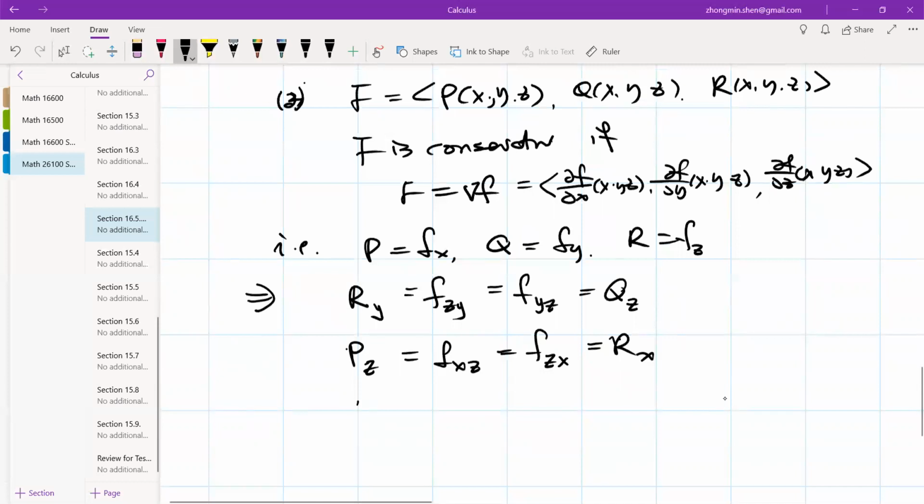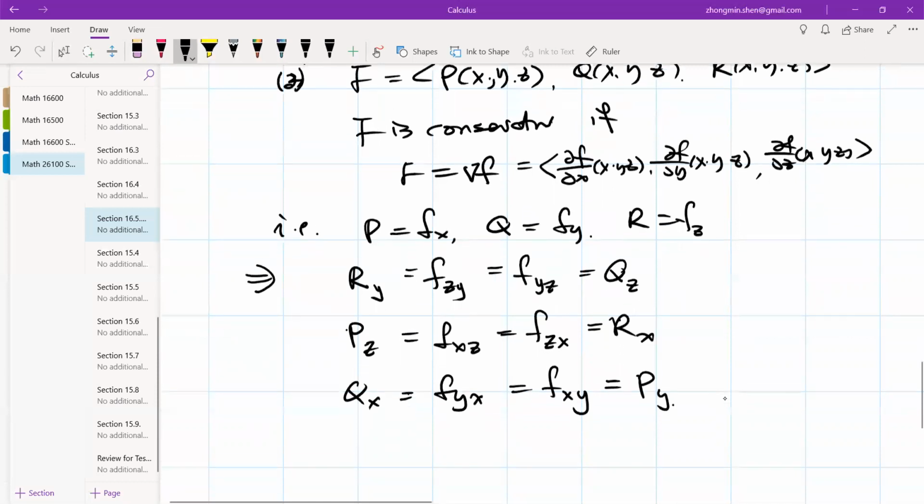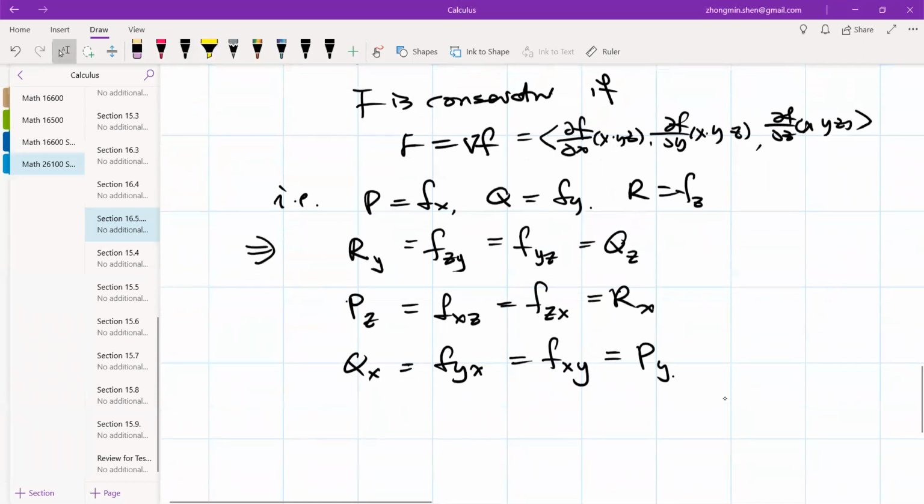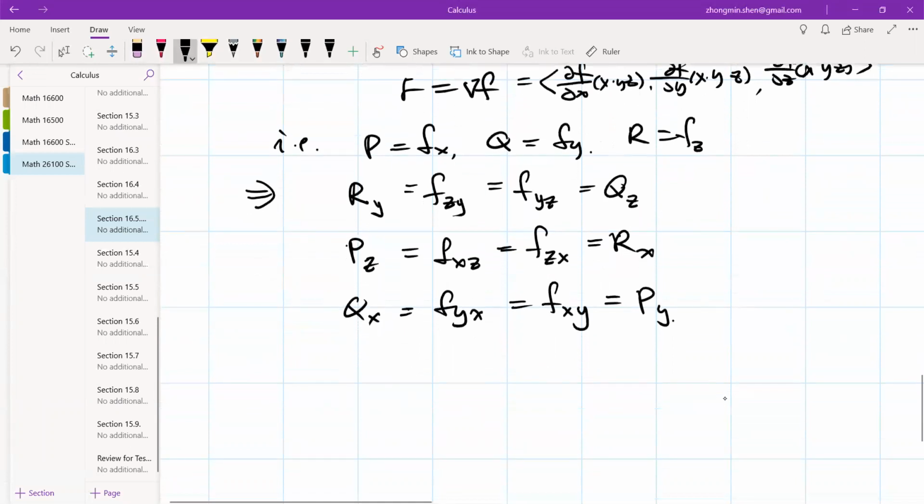Then the last one, Q sub x. What is Q? Q is f sub y, then x. You exchange these two variables and it becomes P sub y. So you have those identities. Simply, you will get R sub y minus Q sub z equals 0.